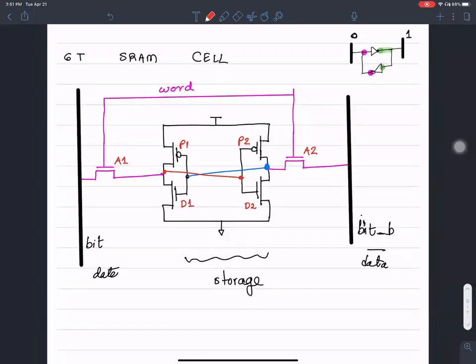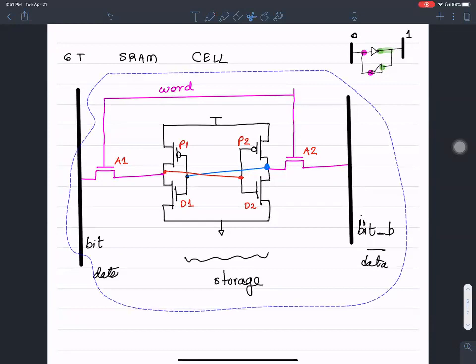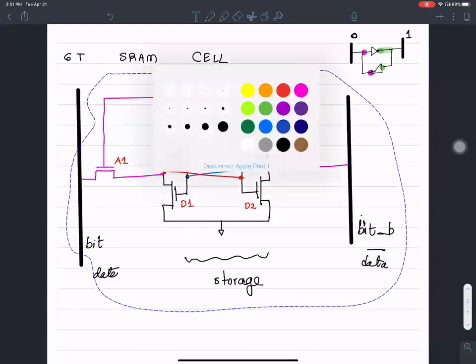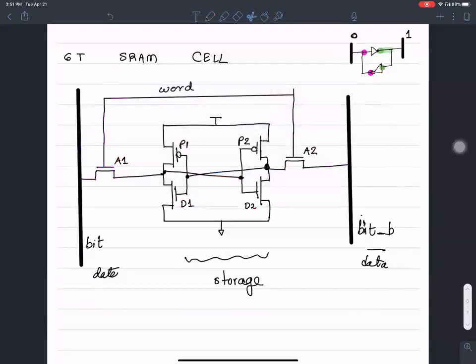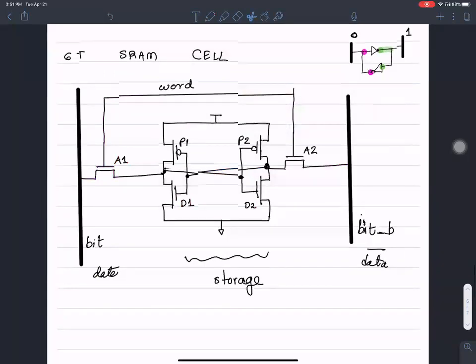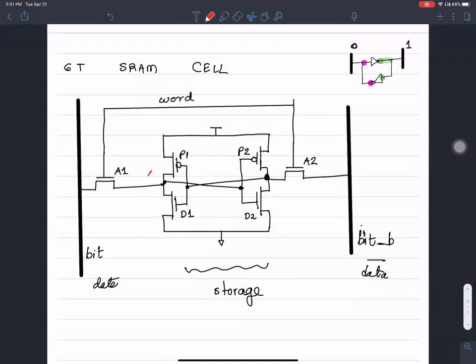First of all, there is no data currently being stored in here. Let's say this data is sitting in here, and I have written a value of 1 onto this and 0 onto this.